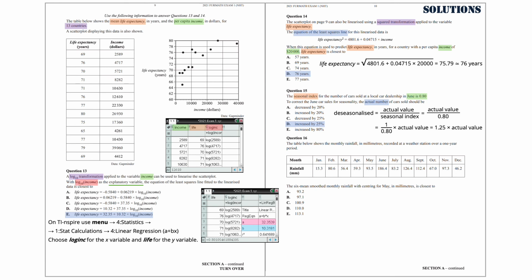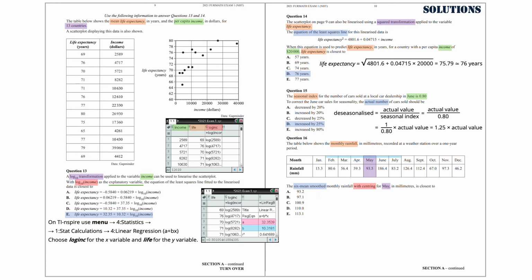Question 16. The table below shows the monthly rainfall in millimeters recorded at a weather station over a 1-year period. The question is asking for the 6 mean smoothed monthly rainfall with centering for May in millimeters. We are going to start by calculating the mean of the months February, March, April, May, June, and July.